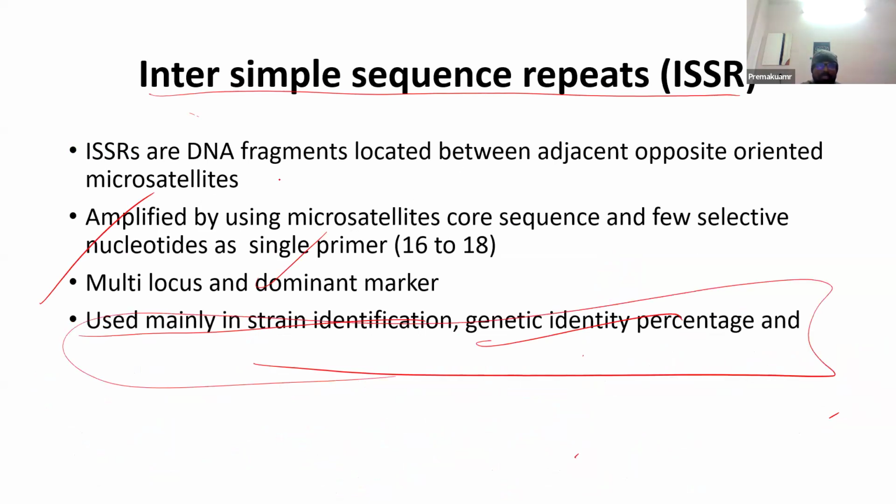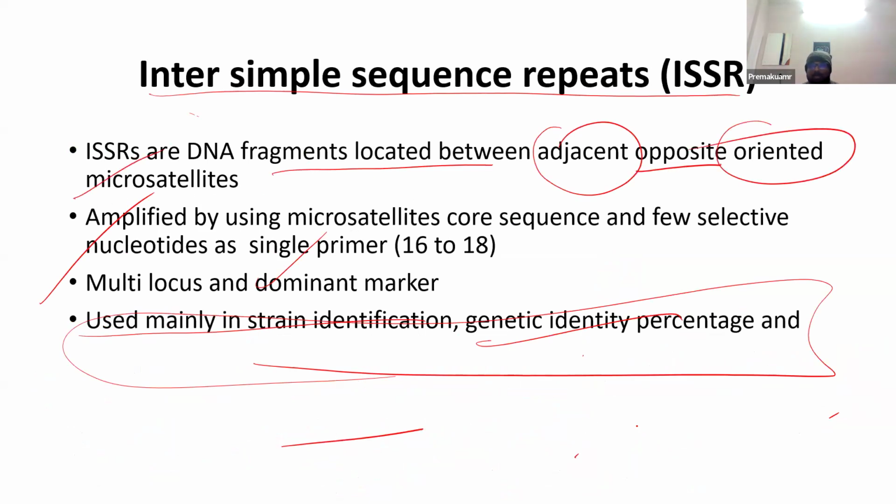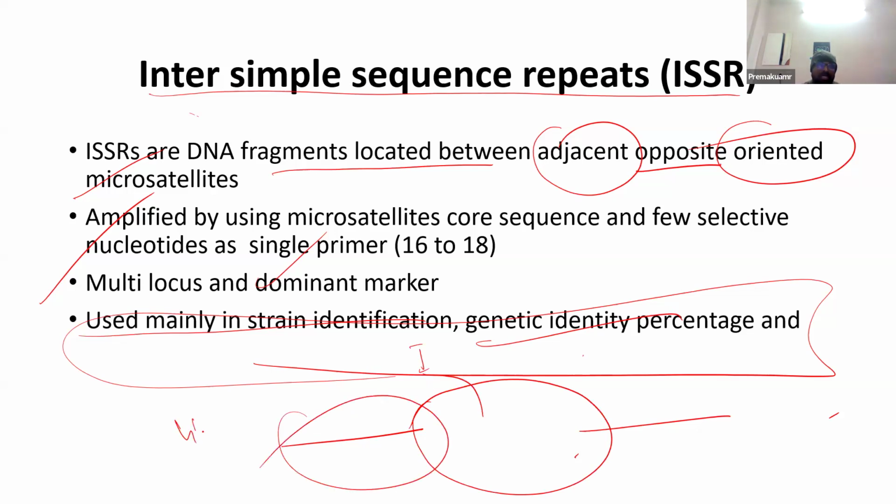It is located between adjacent and opposite oriented microsatellites, between two SSR markers. You randomly design anything, GA 10 times, and here GA 10 times. Somewhere this possibility will be there in the genome.